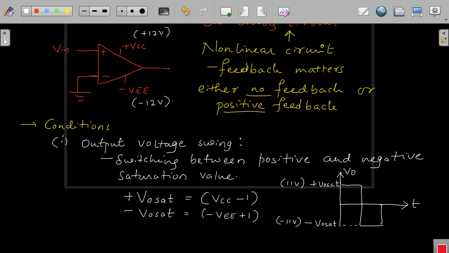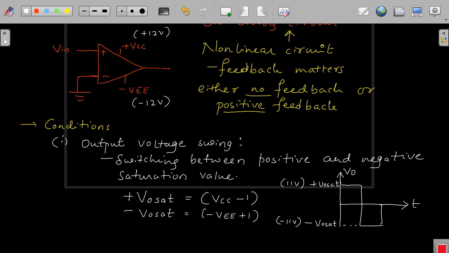So what is the indication here? It is not necessary and it is not possible for us to have the output swing between plus VCC and minus VEE, because you know that the operational amplifiers have internal stages. You have the operational amplifiers with transistors and all. We have already discussed those things.